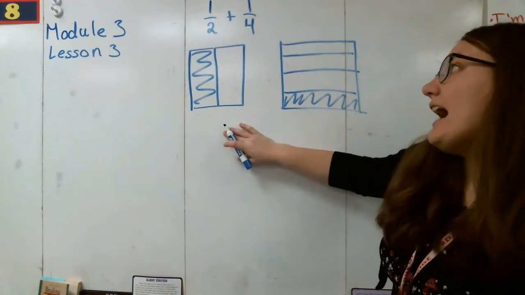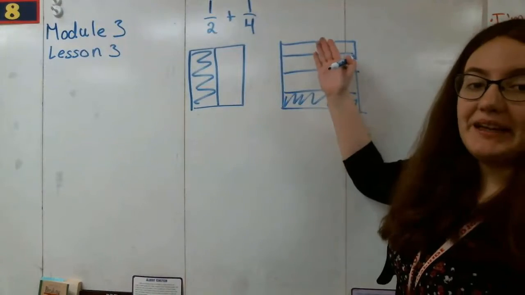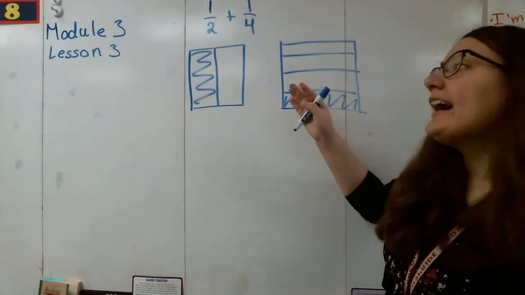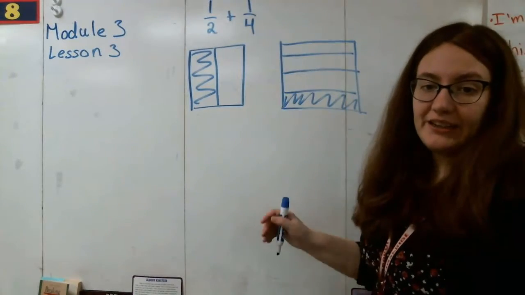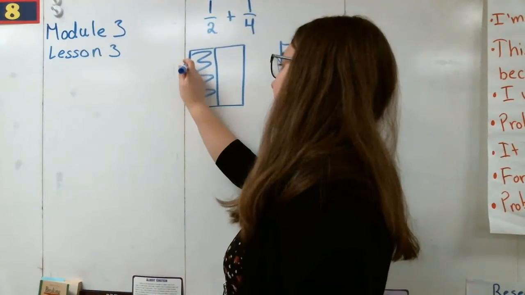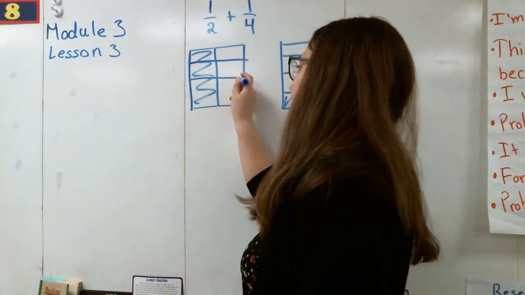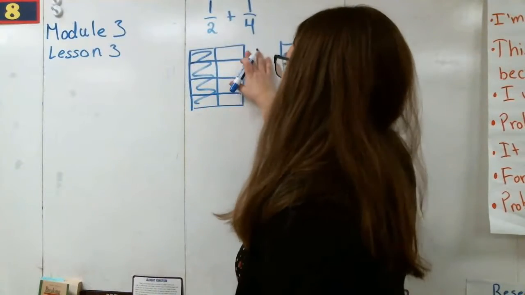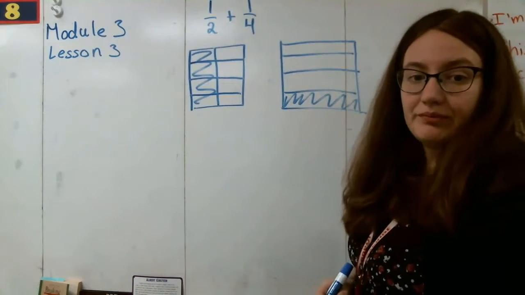Since this model is split into fourths, I also want this model split into fourths horizontally as well. So I'm going to draw lines straight across like this and split this model into fourths.